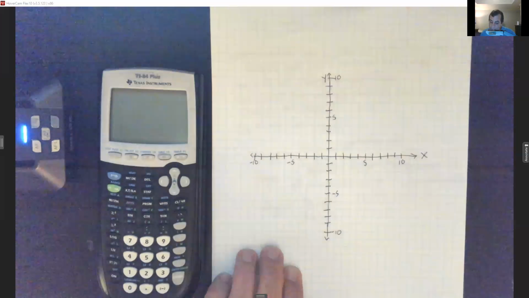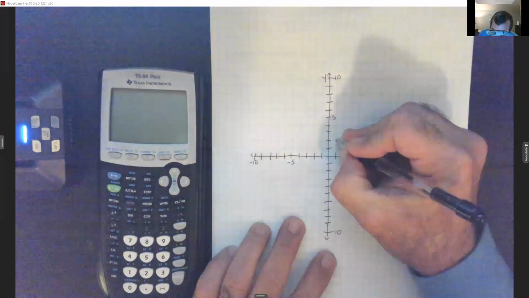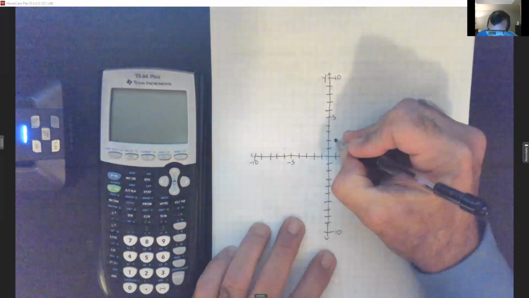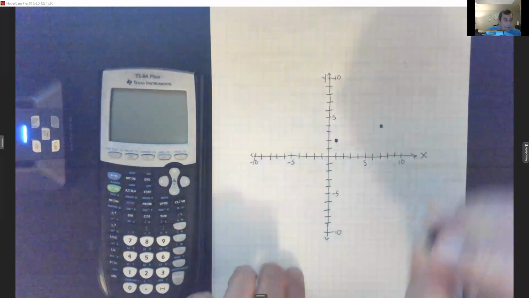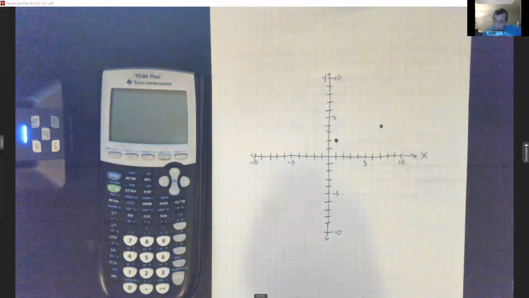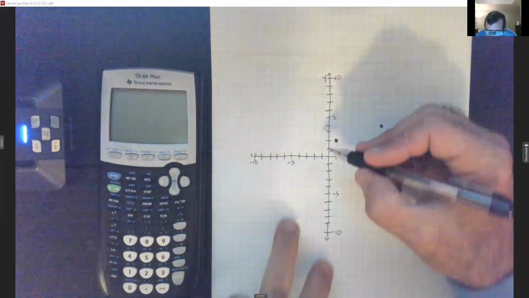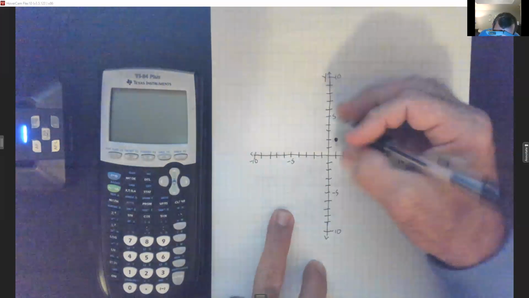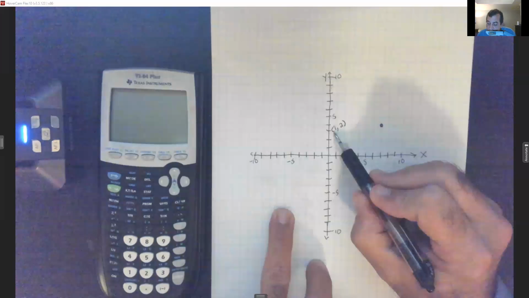All righty, so let me put 1 point will be right here, and then my second point will be right here. So let me draw that line for us. So let me see, this point is over 1 up 2, so this point will be 1 comma 2. So you always put your x first and then the y value.